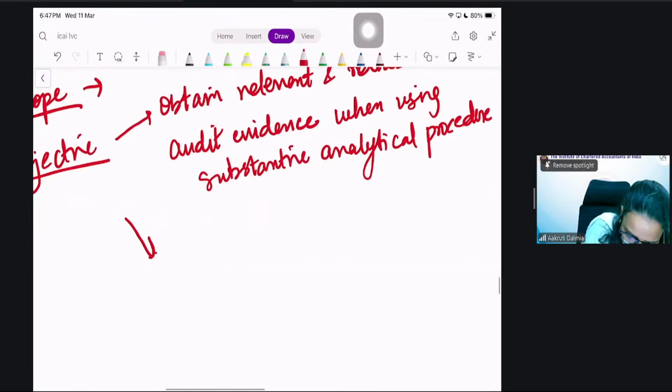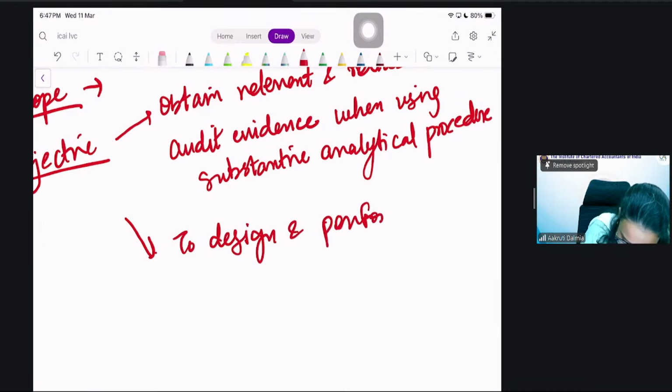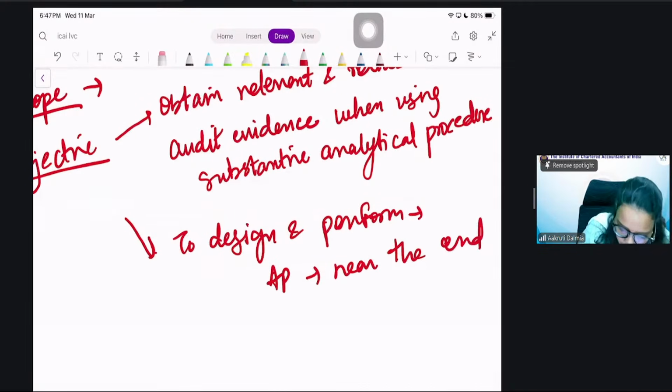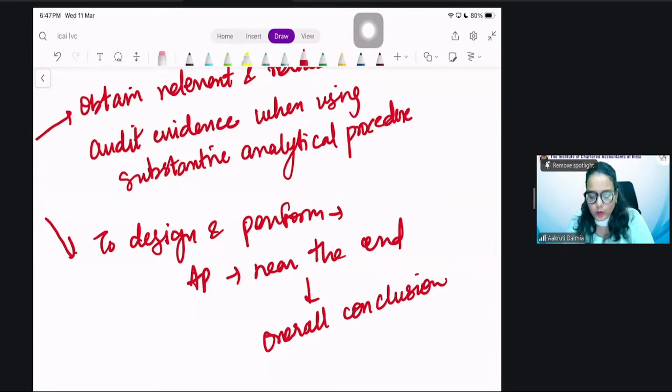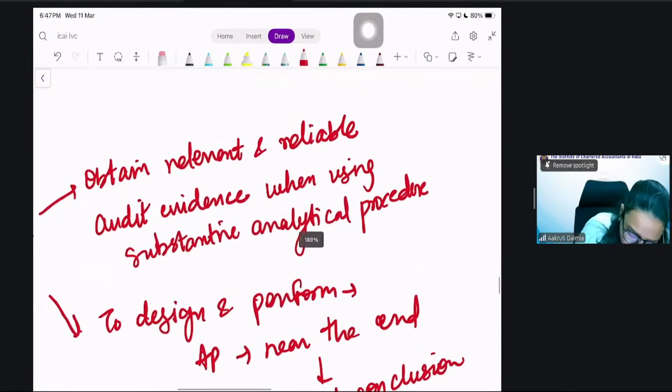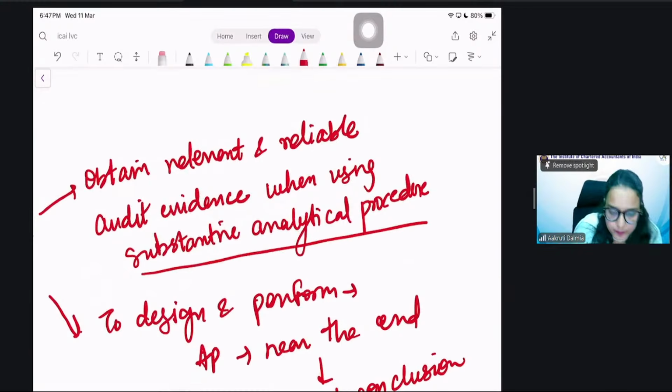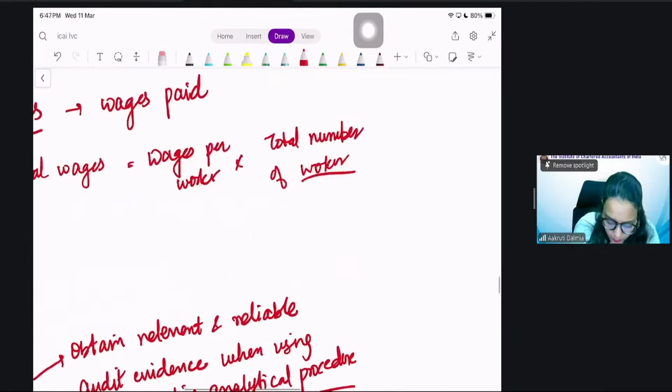And the second objective is to design and perform analytical procedure near the end. Why near the end? It helps in giving an overall conclusion. Overall conclusion.